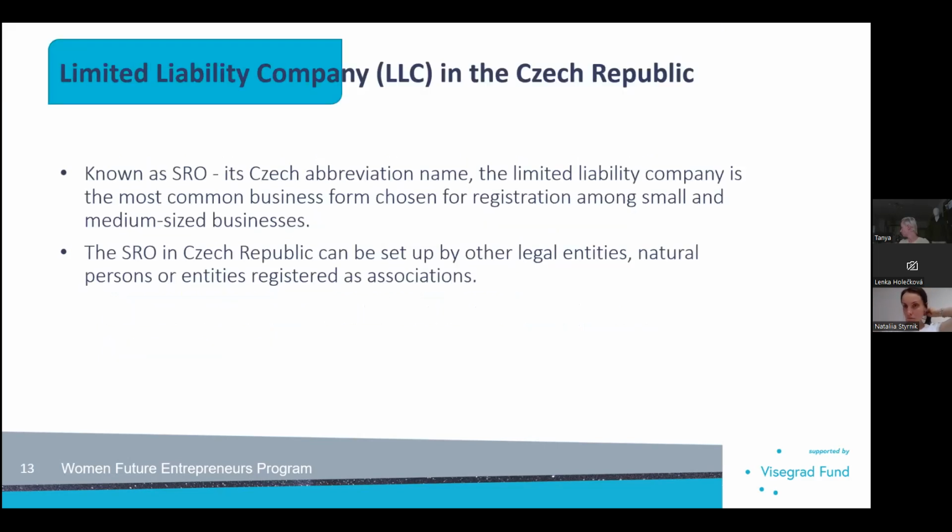stock company. Regarding limited liability company in the Czech Republic, it's společnost s ručením omezeným, in fact. It's the most common business form, and probably, as we have discussed in our last lectures, many of you think about this type of company.